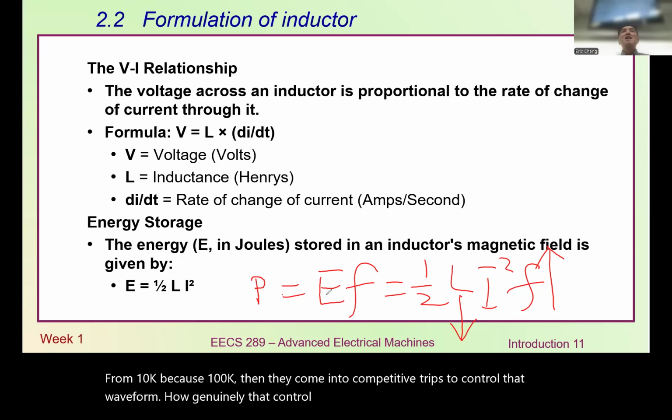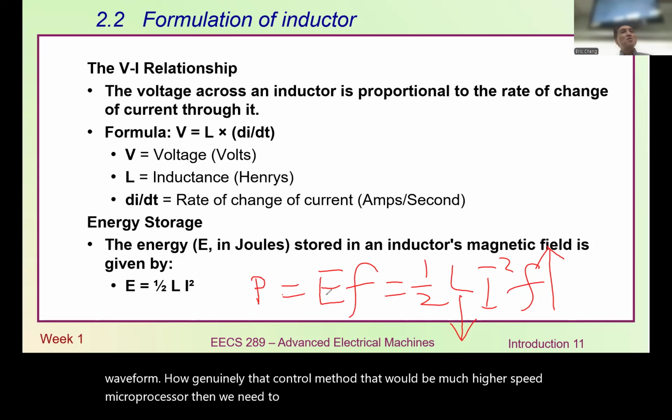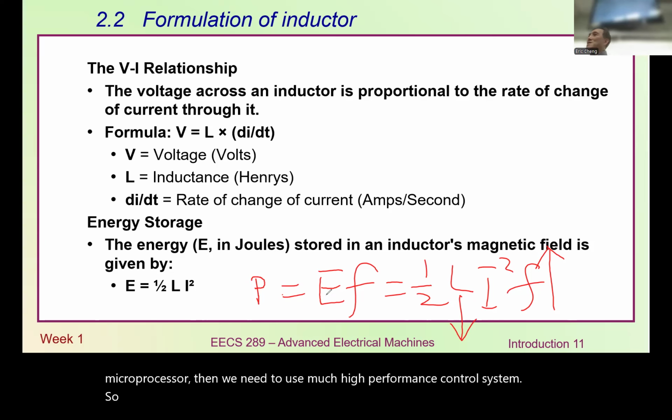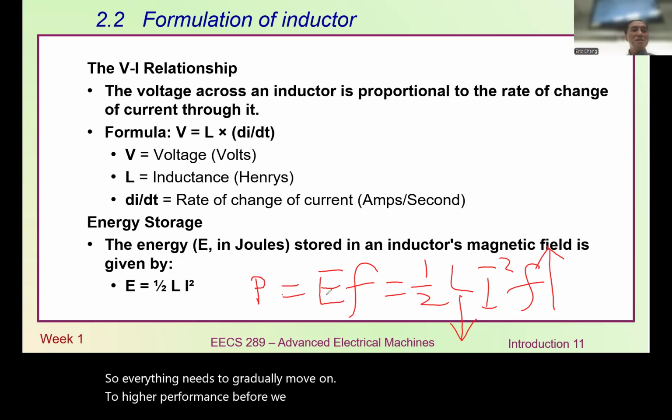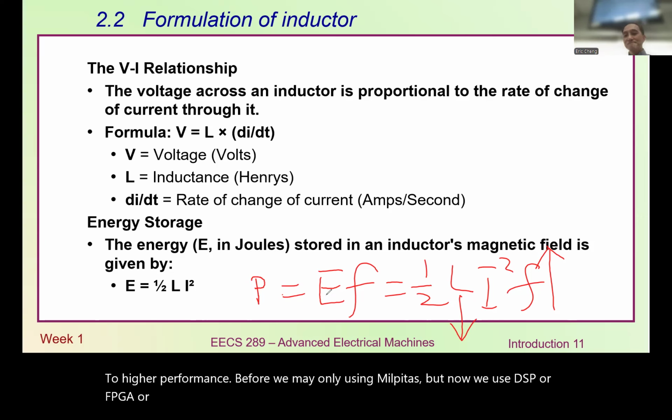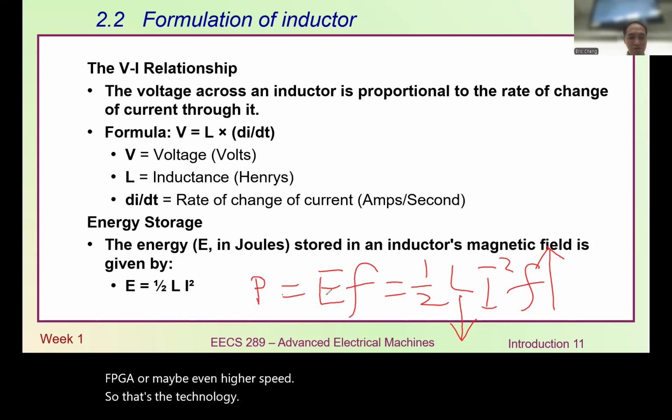That will need a much higher speed microprocessor. Then we need to use a much higher performance control system. So everything needs to gradually move on to higher performance. Before we may only use MCU, but now we use DSP or FPGA or maybe even higher speed. Yeah, so that's how the technology moves on.